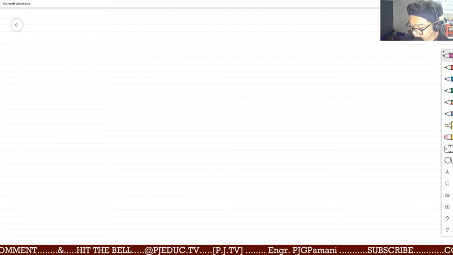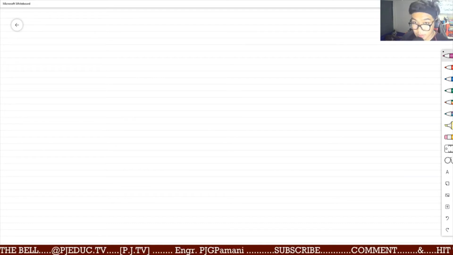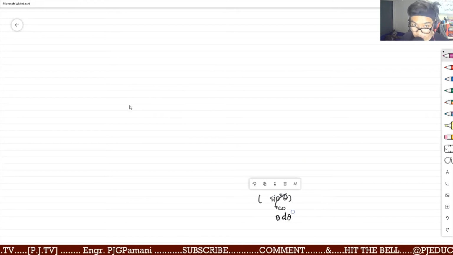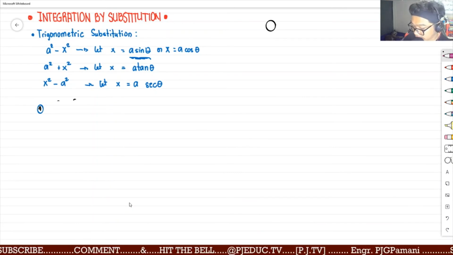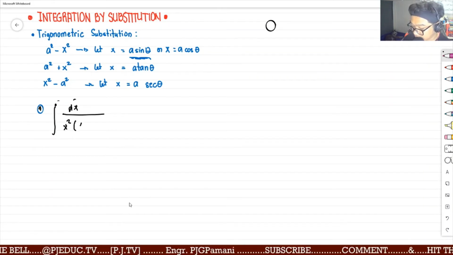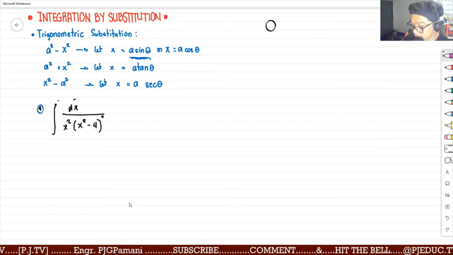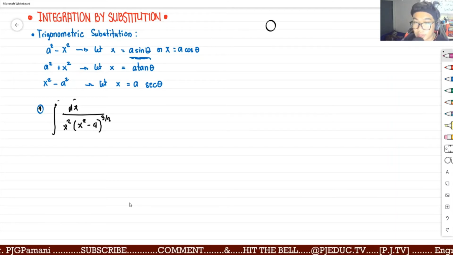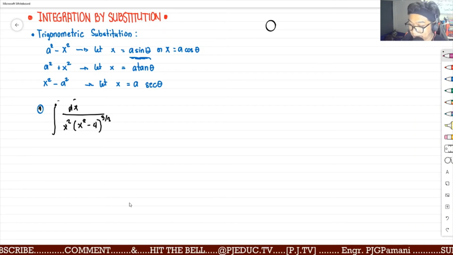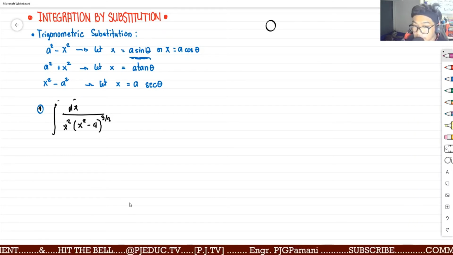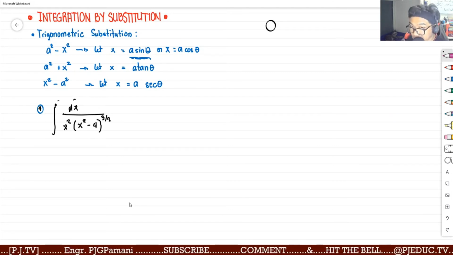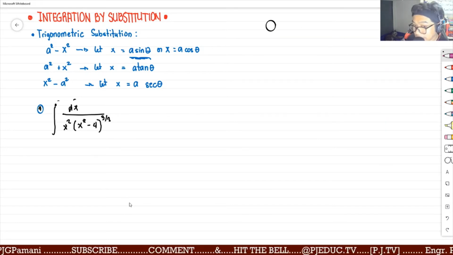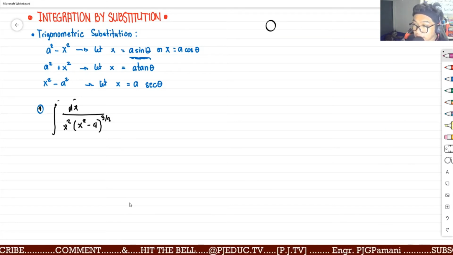What if you're now asked to evaluate this given problem? Evaluate the indefinite integral of dx over x squared times x squared minus 4 raised to 3 halves. Ano pag ganyan yung problem? Meron ulit tayong term sa problem na x squared minus 4, which is based on the condition of trigonometric substitution that is also the same as x squared minus a squared.